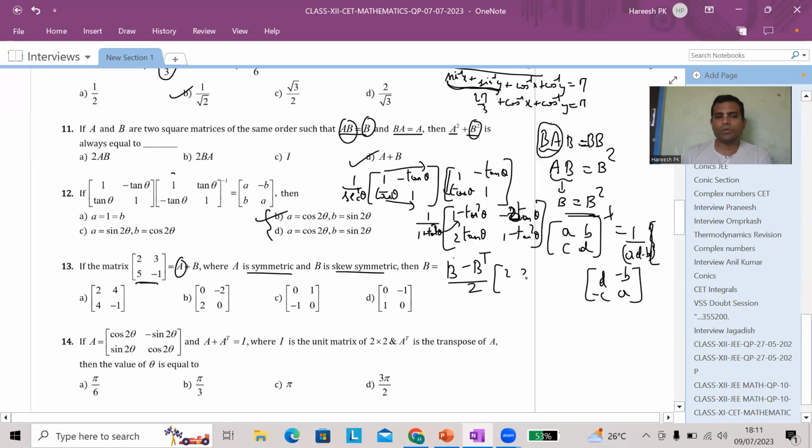So you'll get 2, 3, 5, minus 1 and 2, 3, 5, minus. So when I subtract, 3 minus 5 is minus 2, right? Half of minus 2. So what is half of minus 2? Minus 1, right? So where do I see minus 1 in that position? This is the matrix. So this is the answer. It's a direct question.